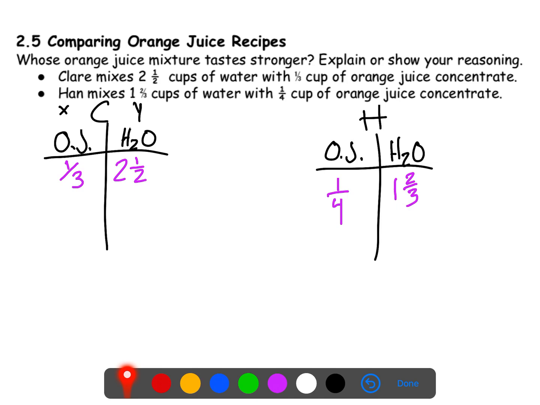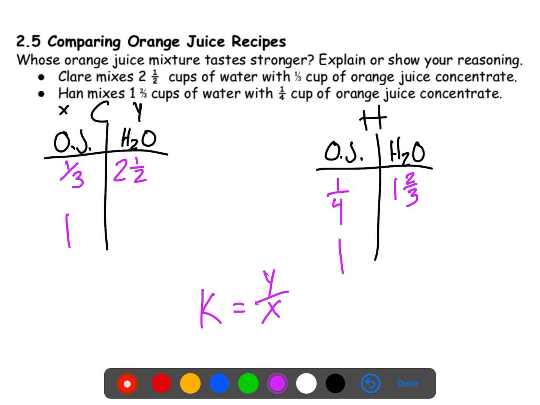Remember, to get our constant of proportionality, our unit rate, we're going to divide y by x. Let's divide the amount of water by the amount of orange juice to find out, for 1 cup of orange juice, how much water is added to the mixture.